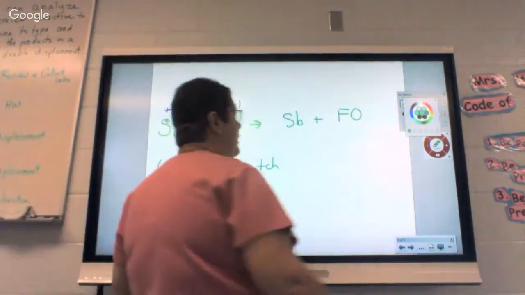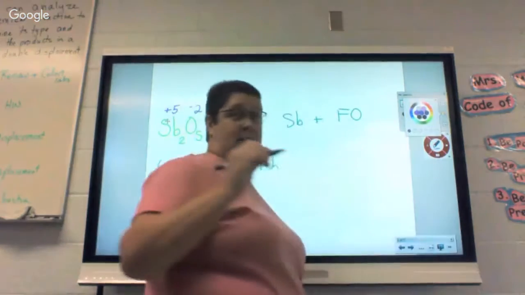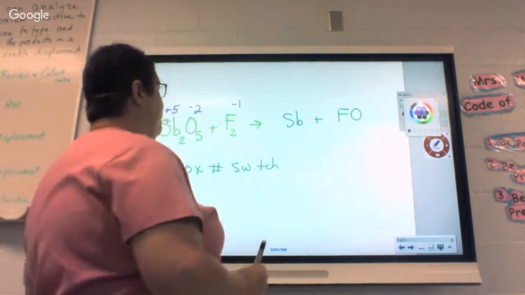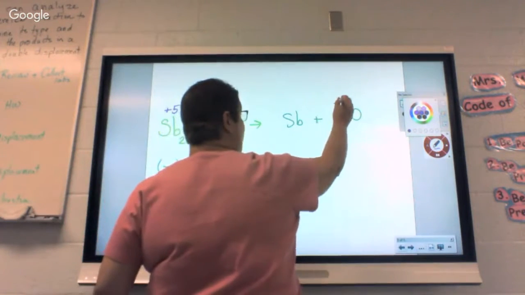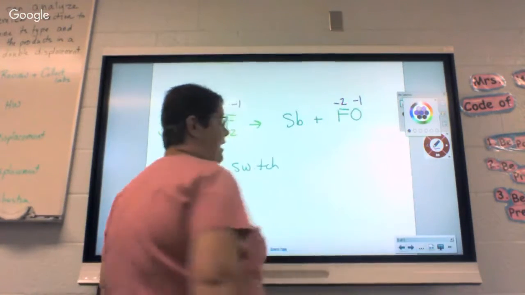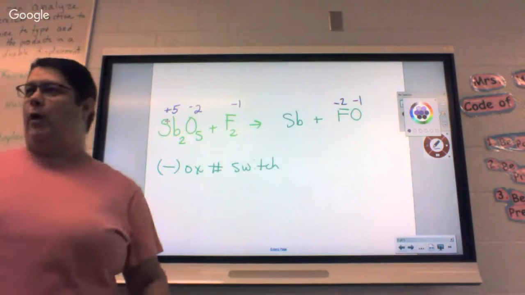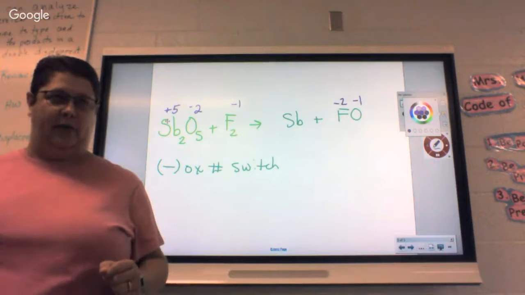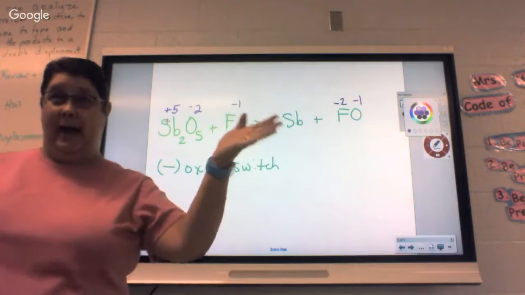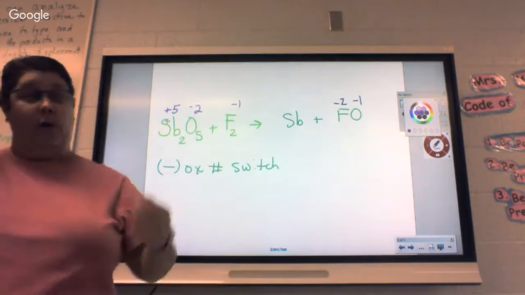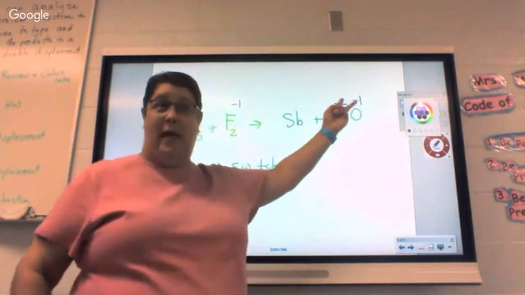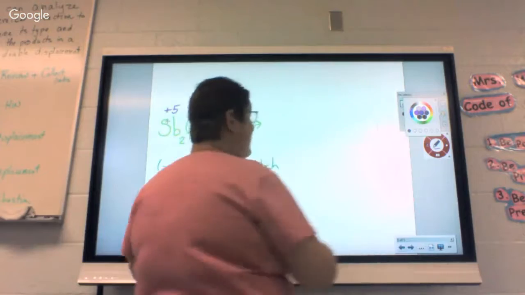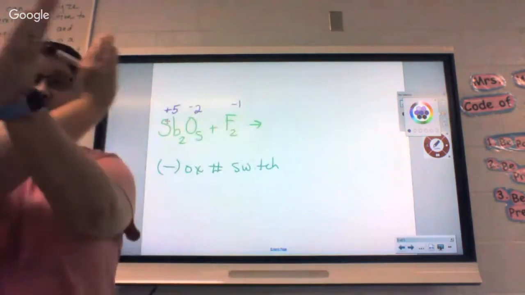Now, this happens a lot. People tell me to put things like F and O together. If you put the F and O together, you have a -2 and a -1 oxidation number together. When we write formulas, what two oxidation numbers have to go together? A negative and a positive. If you put two negatives together, can that work? No. Remember what I said: the oxidation numbers are switching places.